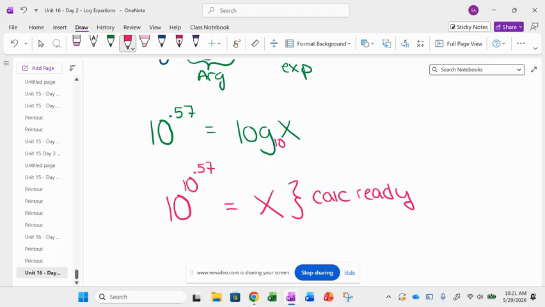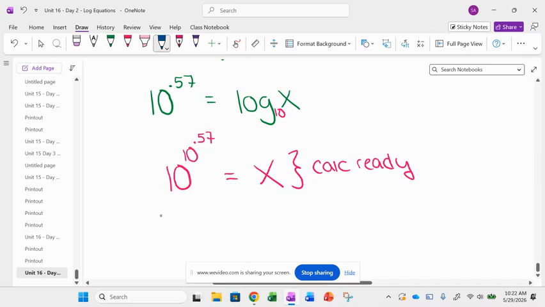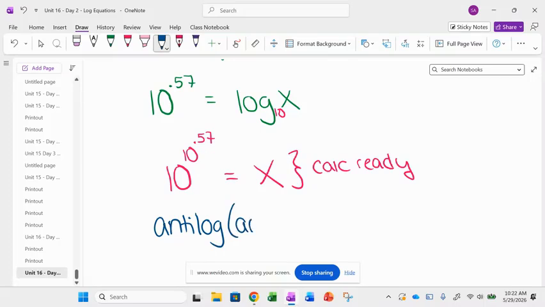That's a second antilog. So the way we're going to do this is we're going to say the antilog of the antilog of whatever that last exponent is, 0.57 equals x. This is the antilog format.